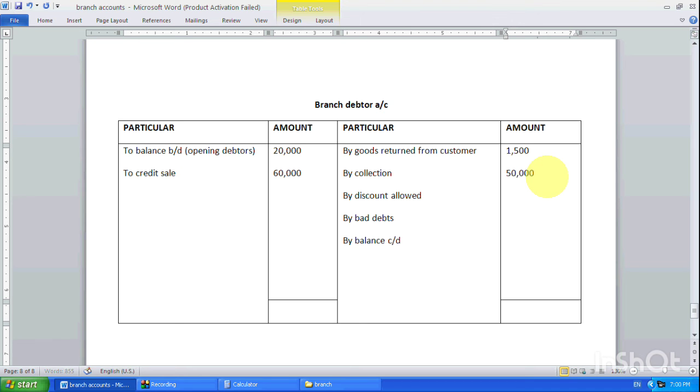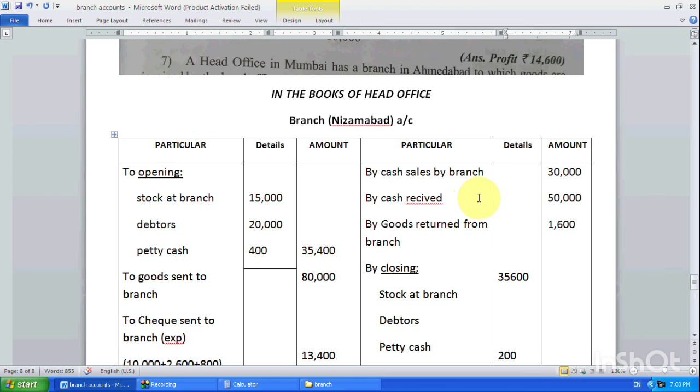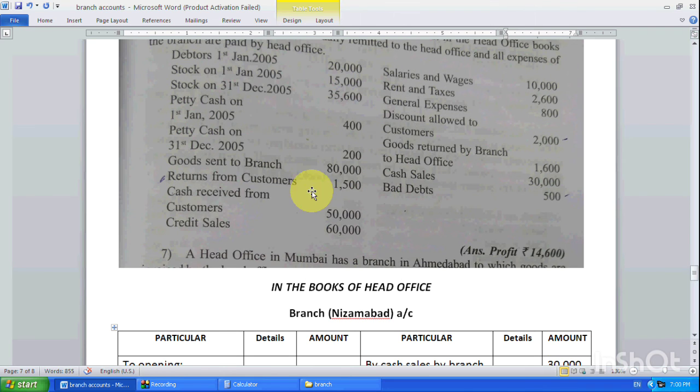Now discount allowed and bad debts. See, bad debts how much? 500. Any other entries, credit sale, salaries, wages we have already taken. Discount allowed 2,000 and bad debts is 500.